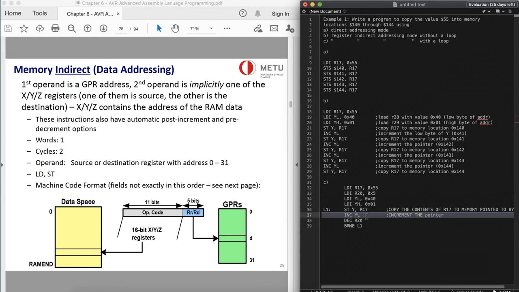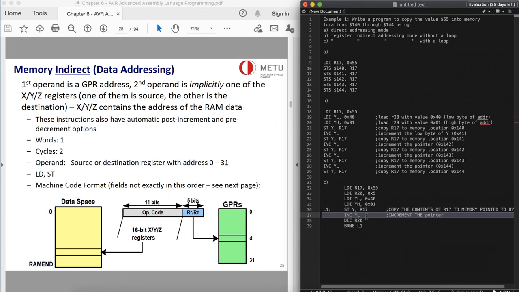So AVR is giving us an alternative option of auto increment and auto decrement. They overcome this problem by using auto decrement or auto increment, so they can control what's going on.